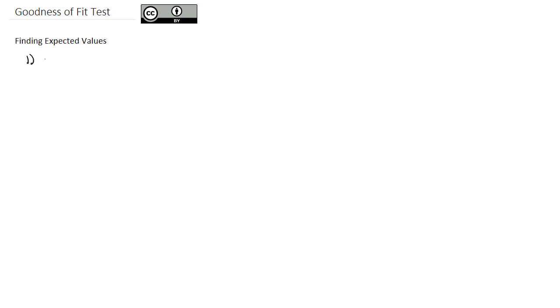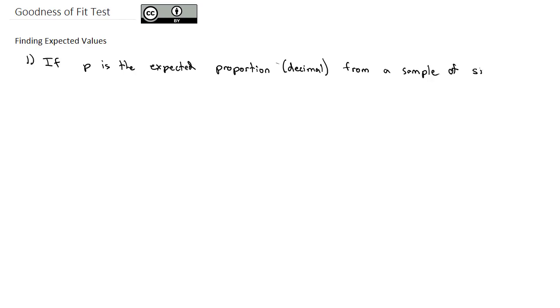And the way we find the expected values is if p is the expected proportion as a decimal from a sample of size n, we expect n times p.